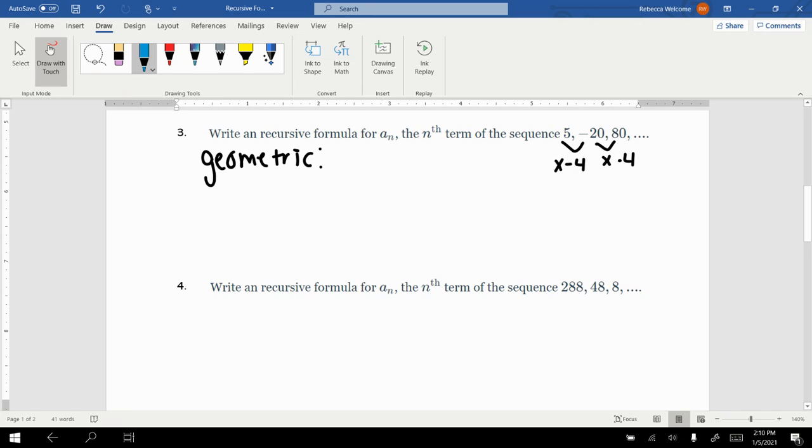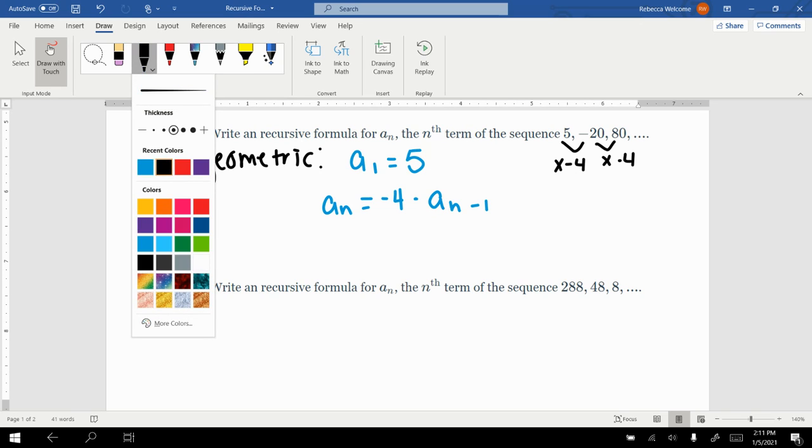For recursive, you always have to identify the first term. So you're always going to say a sub 1 equals, in this case, 5. And then the rest of your formula for geometric is a sub n equals your r, so negative 4 in this case, times a sub n minus 1. Okay, so on Delta, when you type this one, you'll type negative 4, and then you'll just click the a sub n minus 1 button. So it's actually nice and easy to use these on Delta.